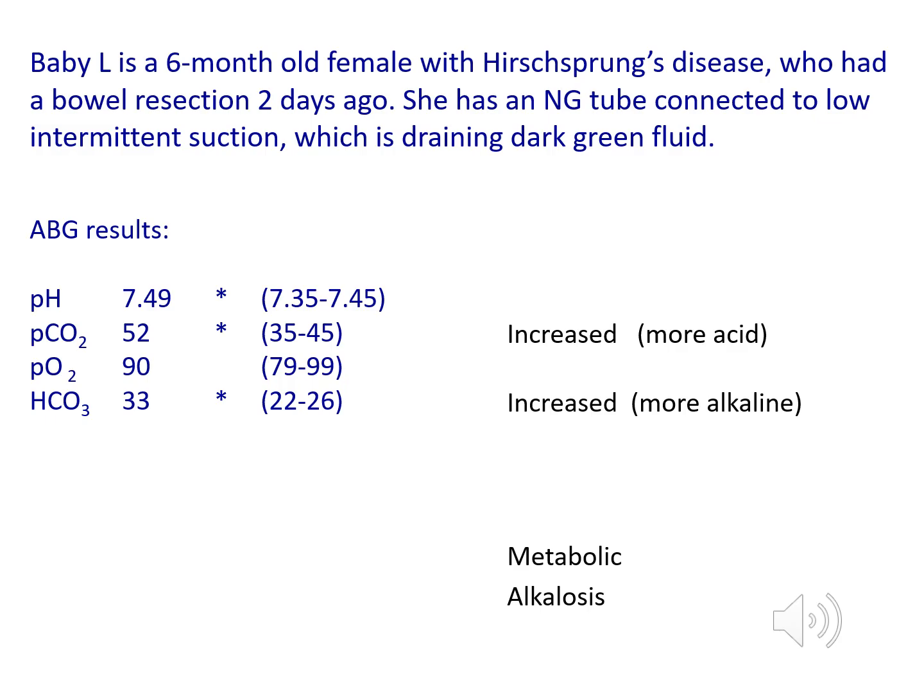Because the PCO2 is trying to make more acid to balance out the alkalinity of the alkalosis, right? So the PCO2 is trying to correct the problem. Did it succeed in bringing the pH back to normal? No, right? Because the pH is still not within normal limits. So we say this patient has partially compensated metabolic alkalosis.